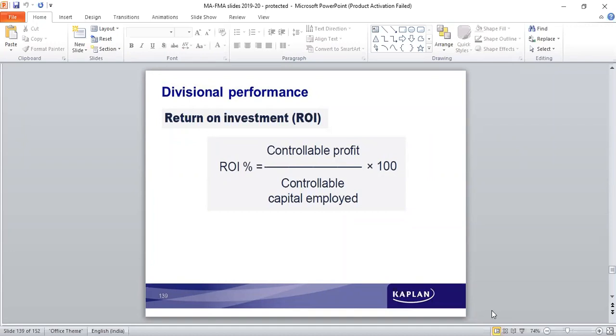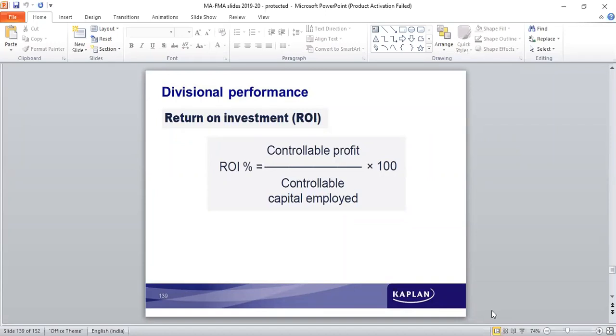These divisions have a manager appointed. The manager is given some authority to take decisions, and based on the decisions taken, the performance is measured, evaluated, and the manager is made responsible for the decisions. So we also call them responsibility centers.